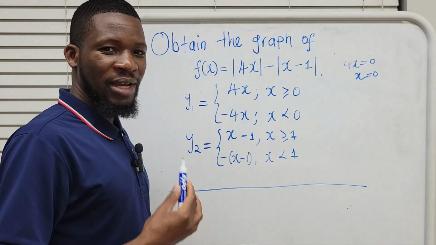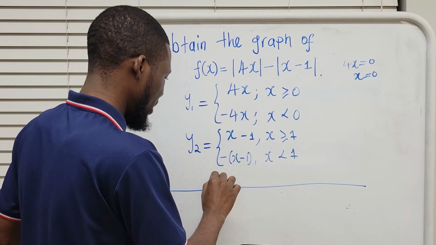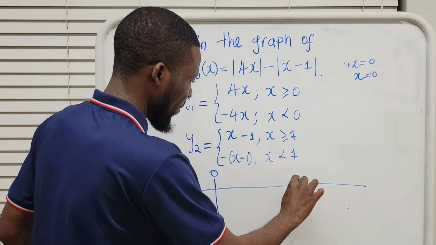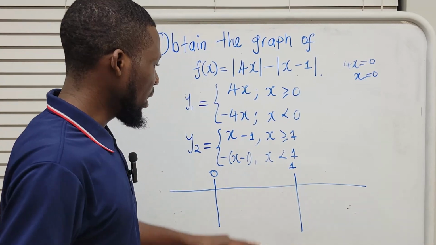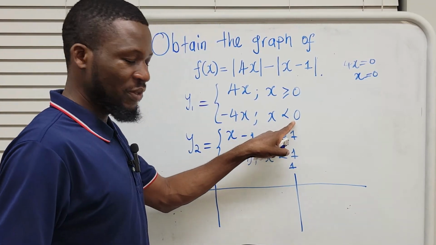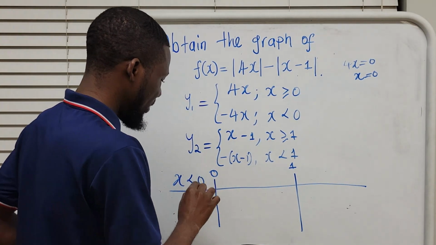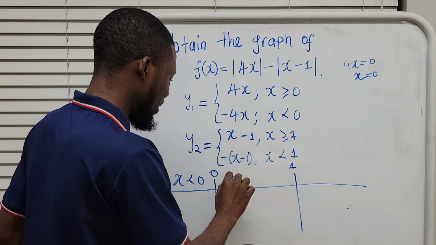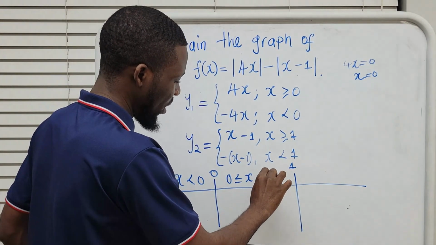Now we are going to combine these results as follows. So I put 0 here, then I put 1 here. Okay, now see, here we have less than 0, so I say x less than 0, then in the middle I say 0 less than or equal to x less than 1.